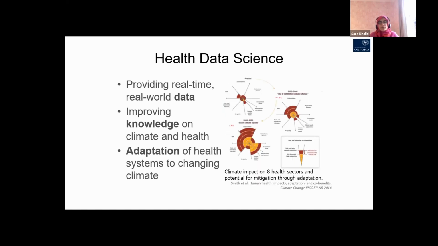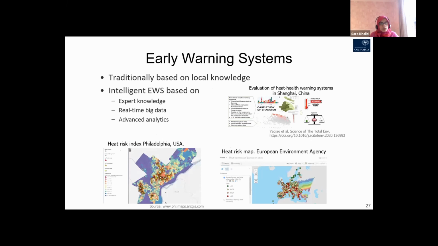The third and perhaps the most critical and pressing direction is that of climate adaptation, by which we mean adapting entire health systems to a rapidly changing climate. In terms of adaptation mechanisms, one key area is that of early warning systems. So traditionally, early warning systems, for instance, for floods or disease outbreaks, were generally based on local knowledge and experience and word of mouth mechanisms.